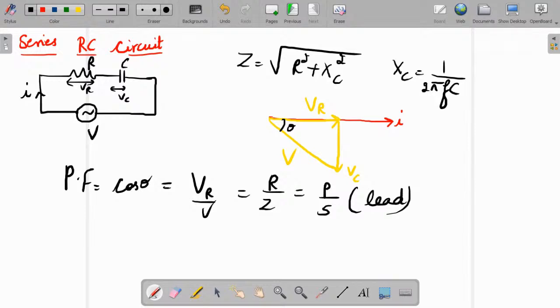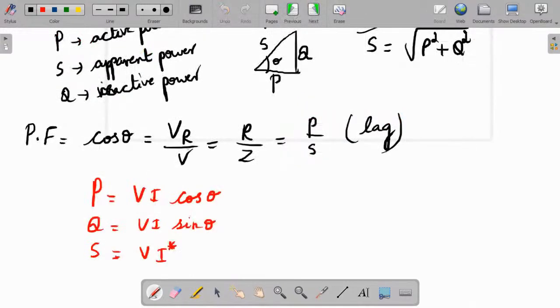Okay, next let us see the series RLC circuit. Have you asked about active power and reactive power units? Fine.